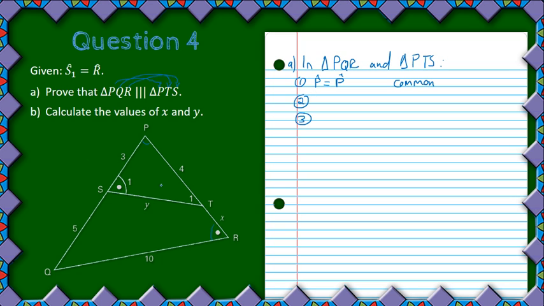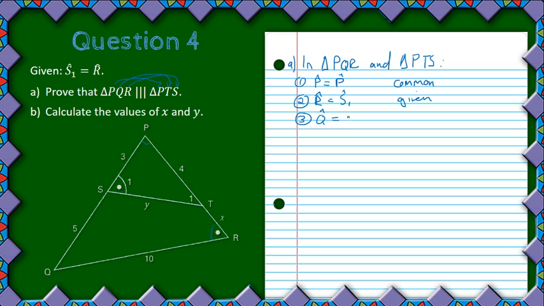Then we are given that S1 is equal to R. So R and S are the ones that we need to prove equal, and we are given that they are equal. So we can say that angle R is equal to angle S1, and that's given. And then finally, the last set of angles is Q equal to T, and we can state that because it's the third angle of a triangle.